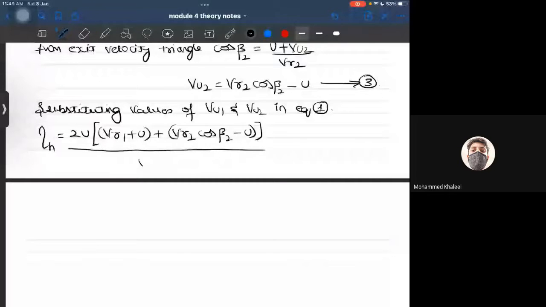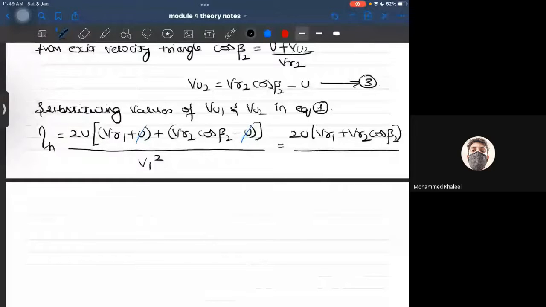Now, here plus U and minus U would get cancelled. So, what is the remaining thing? It is 2U into VR1 plus VR2 cos beta 2 divided by V1 square.